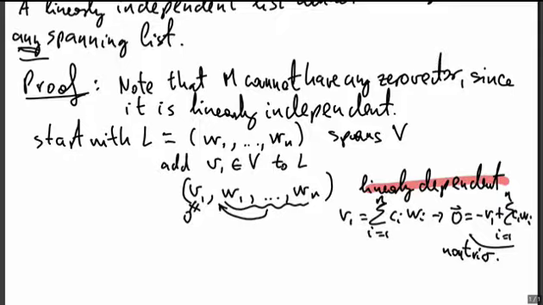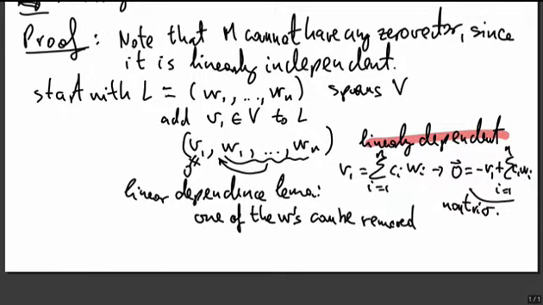If we have a linearly dependent list, then the previous lemma, the linear dependence lemma, states that we can remove one of the vectors, and the index is supposed to be larger than or equal to 2, so that means one of the w's can be removed. And the remaining list is still a spanning list.